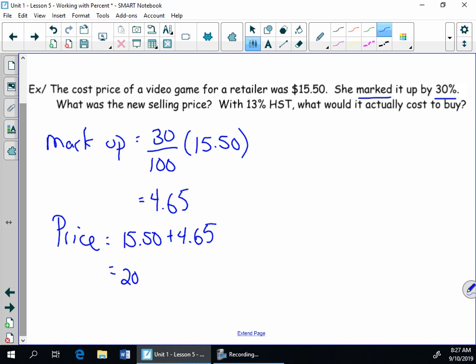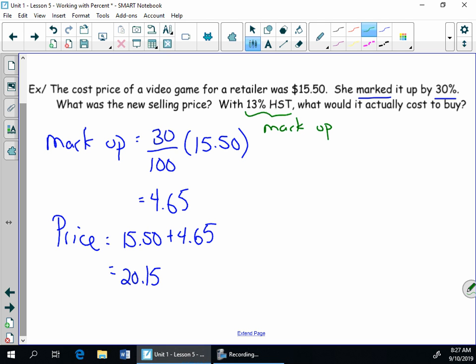And we get $20.15. The second half of the question says, with 13% HST, what would it actually cost to buy? HST is taxes. Taxes are markups. They make your price go up. The government gets a little bit of your money. But it's not a markup on the original price.